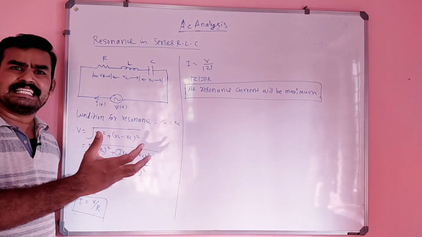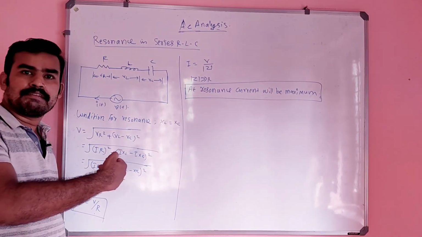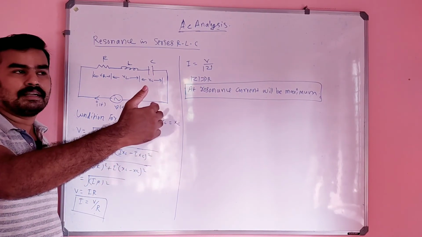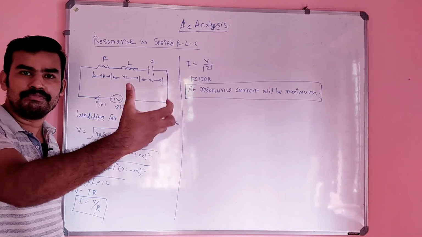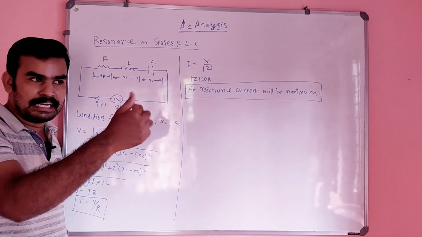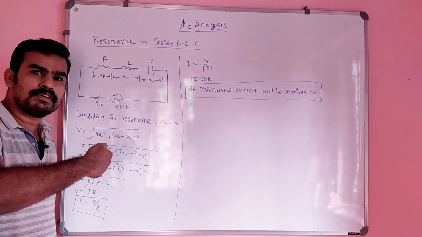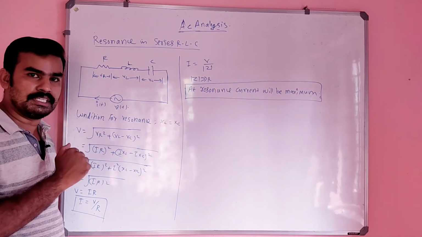Where can we see resonance in a practical case? Suppose we increase the volume of our TV, then the vibration of the window will happen, no? The glasses of the window start vibrating. How? Because we are increasing the volume of sound, and that sound has a frequency.